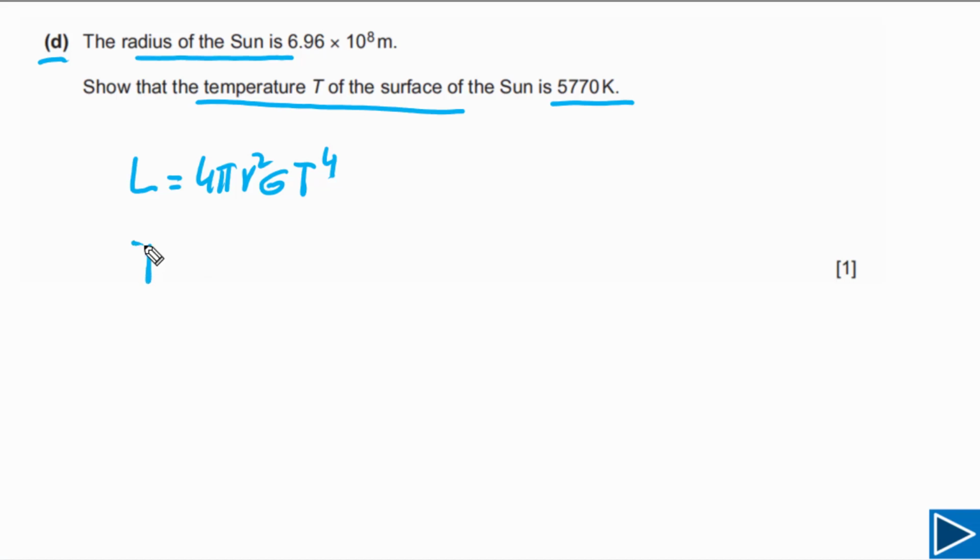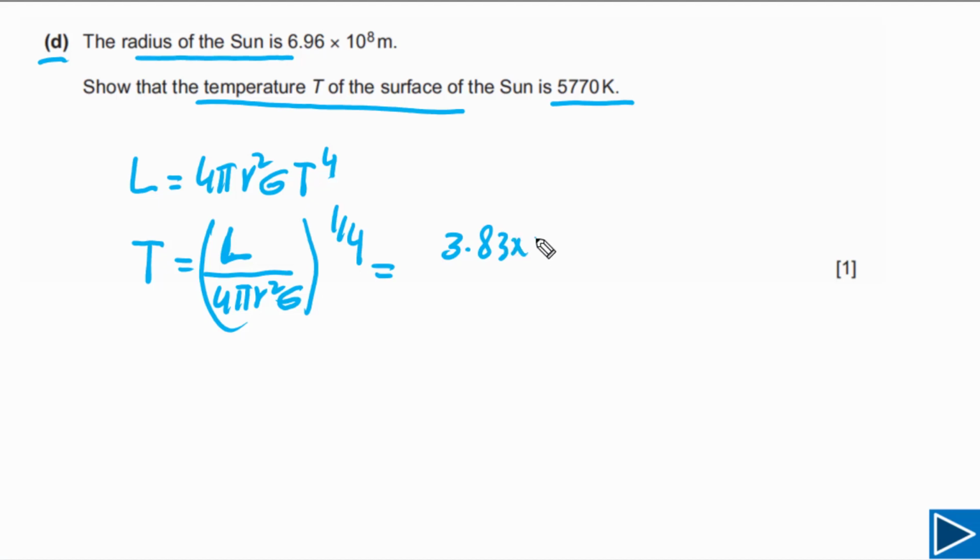Now we need to calculate the temperature from here, so we can write down temperature T. In this case, T will be equal to luminosity over 4 pi r squared times sigma, all to the power of 1 by 4, and now we can just plug in values. Luminosity was given, that was 3.83 times 10 to 26 watts.